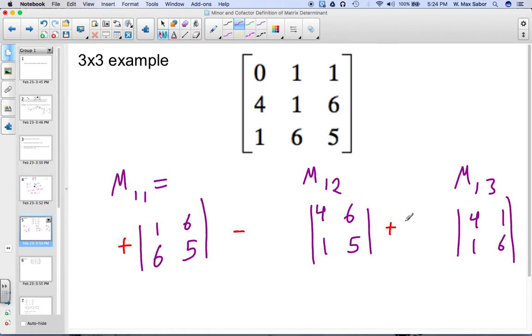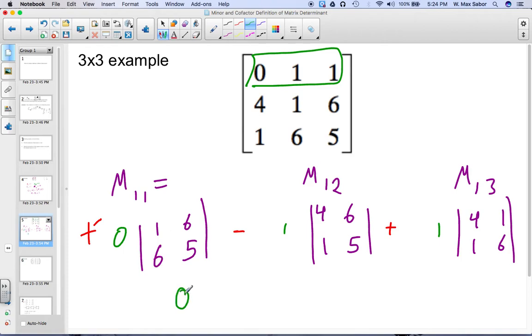And then, once we have those cofactors, we'll take the dot product of them with the original vector, so 0, 1, and 1. And this should match with what you've seen before of determinants.